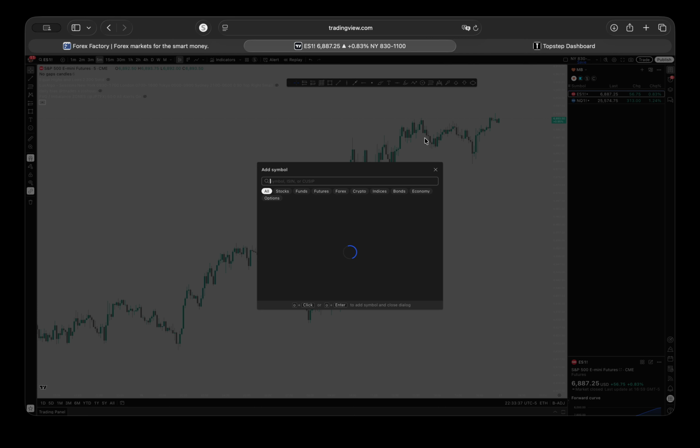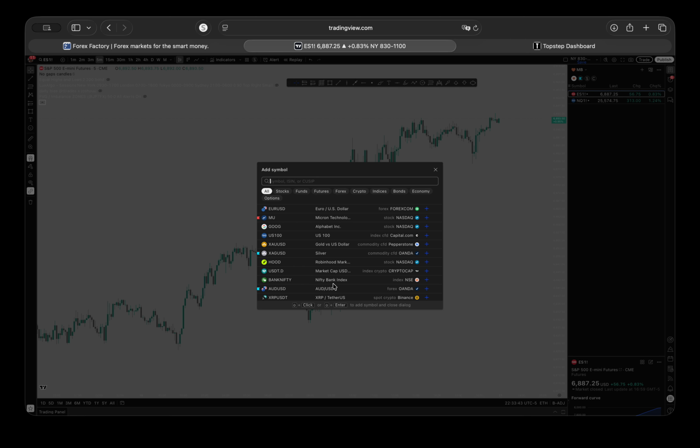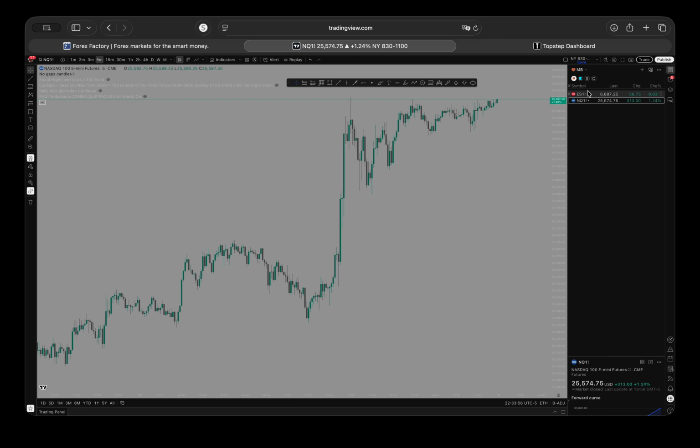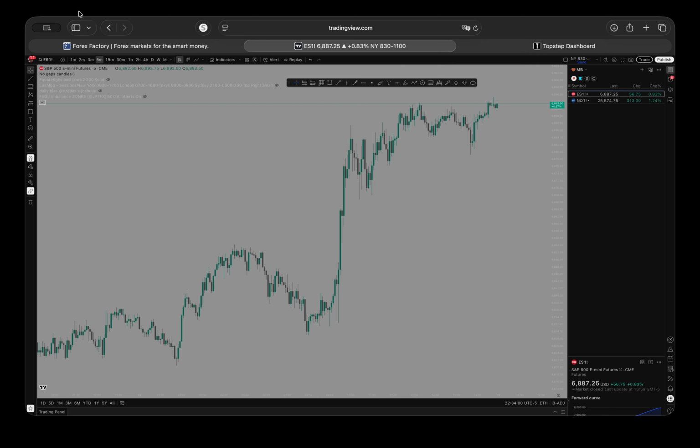Add the plus sign, and you can choose from all different instruments that you want to trade to add into your list. But we only focus on just the ES and NQ. So the others, for the purposes of this little course or boot camp, don't matter. You have that same instrument that you're trading, and the name will pop up here in the corner as well.